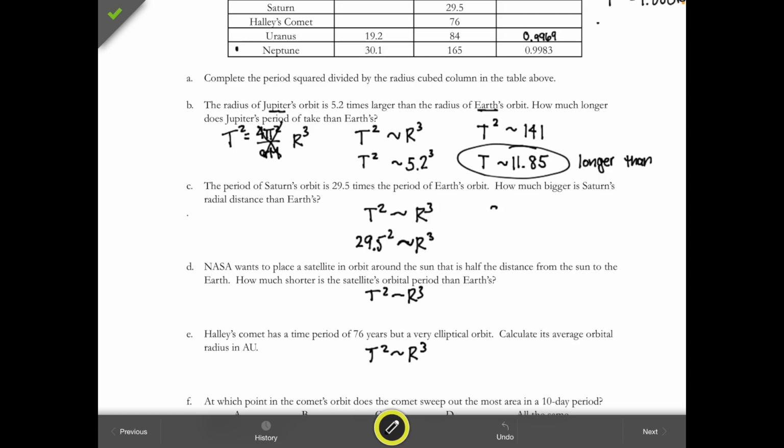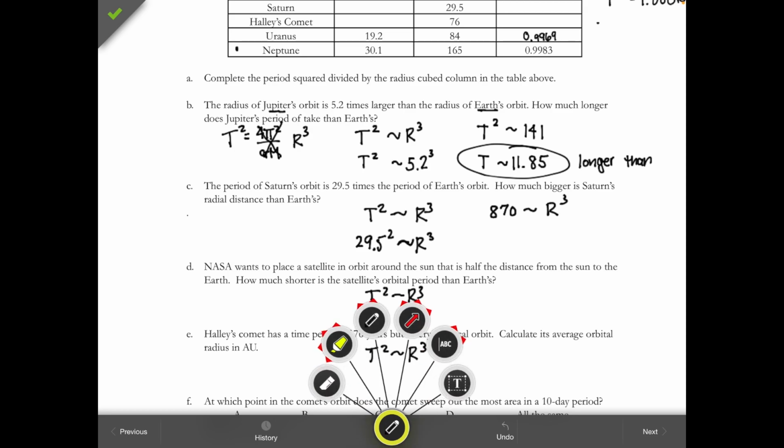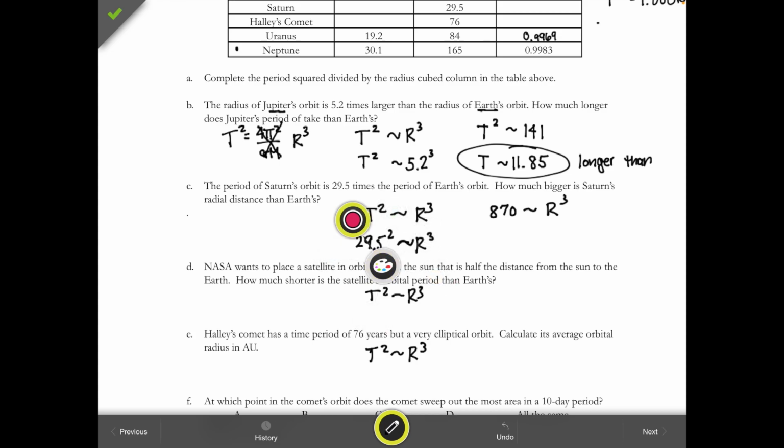So on the left-hand side, that's 870 is proportional to r cubed. To get rid of a cube, I need to apply a cube root. So imagine I want to get rid of the 3 for the power. I'm going to do the 1/3 power on both left and right.